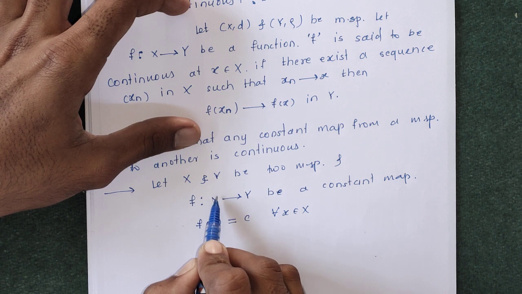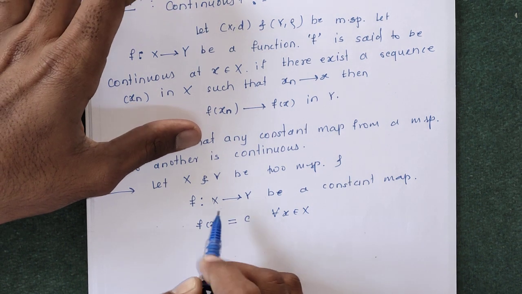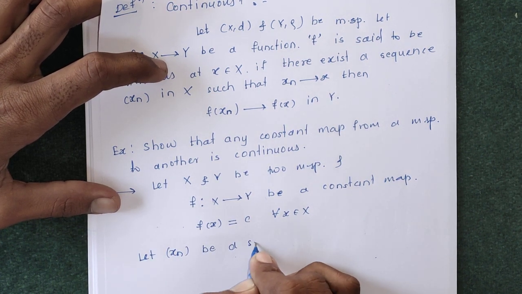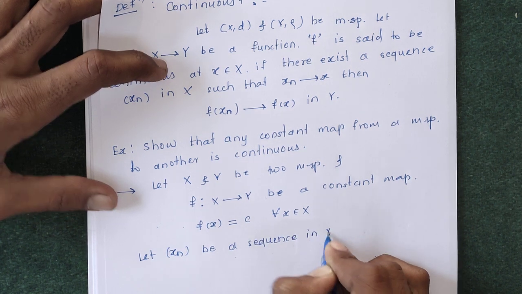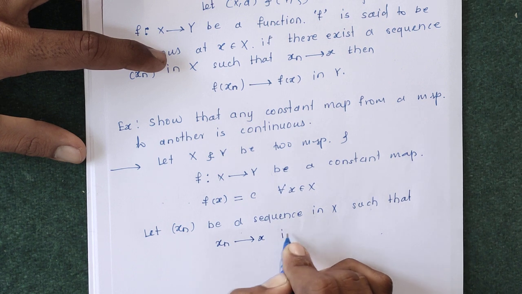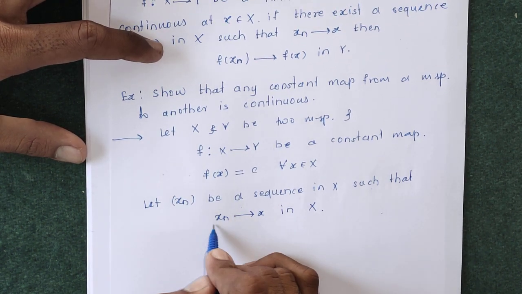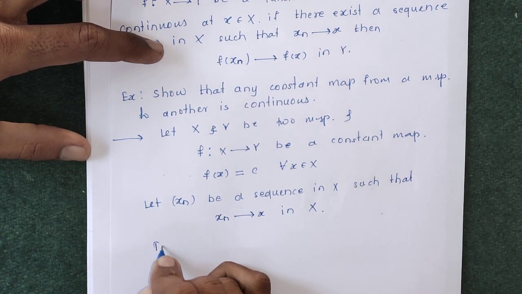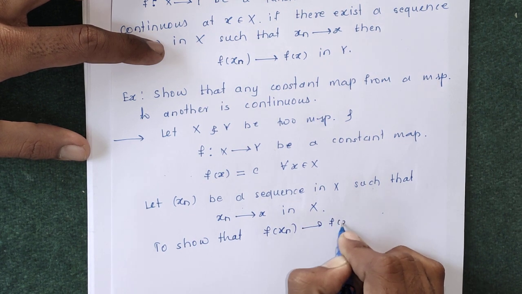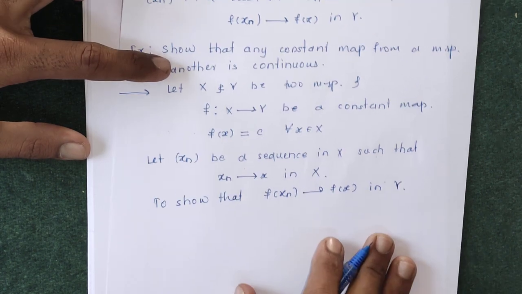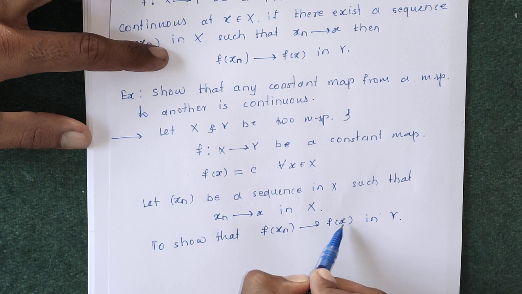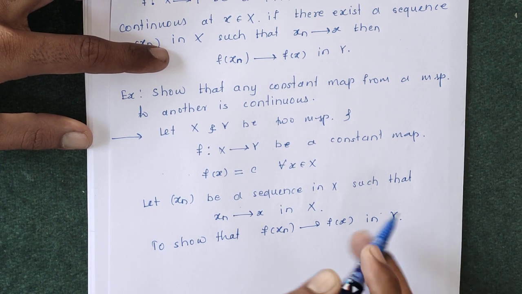For that, suppose x_n is a sequence in X which converges to some element x in X. So let x_n be a sequence in X such that x_n converges to x in X. Now we have to show that the image of this x_n converges to the image of this x, that is, f of x_n converges to f of x in Y. Since the given function is a constant function, the image of x_n will be c for every x_n, and the image of x will also be c, so f of x_n and f of x both have the same image.